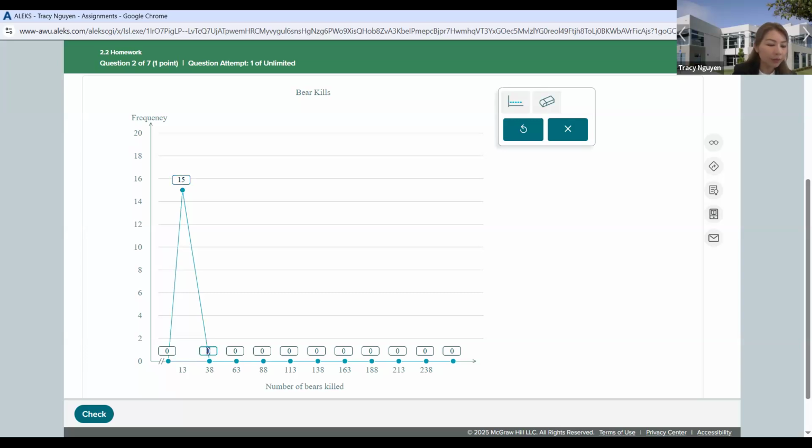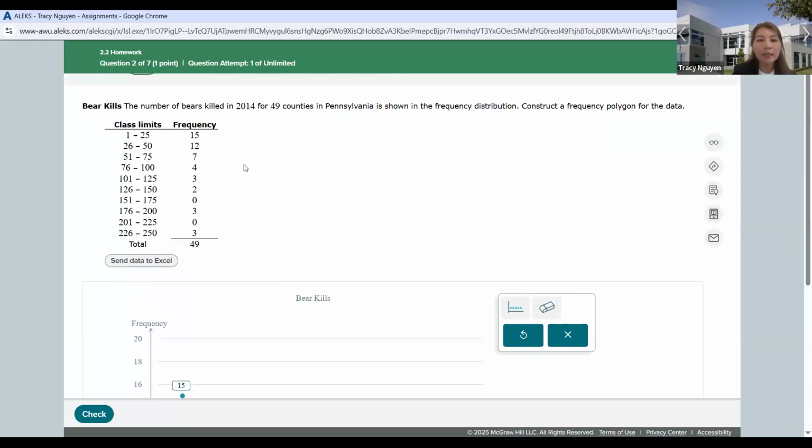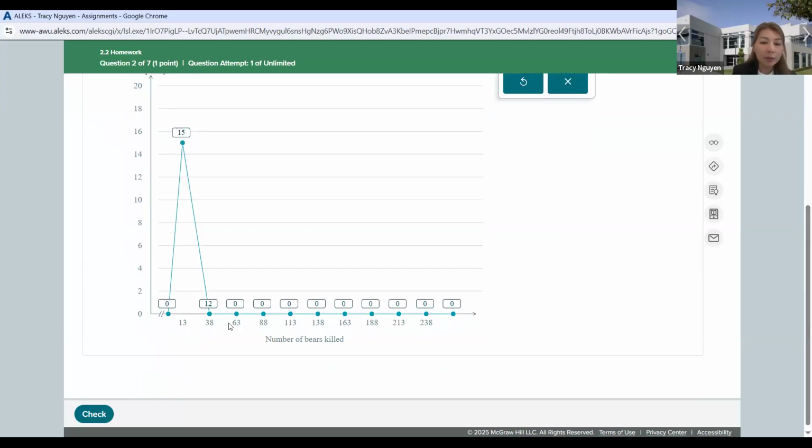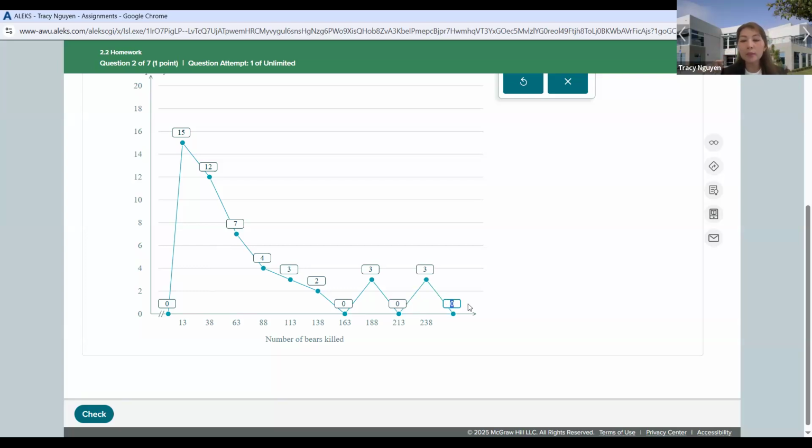Then the next one over, you're going to key in 12. Why are we keying 12? Because after 15, we have 12, 7, 4, 3, 2, and so on. So you have 12, 7, 4, 3, 2, 0, 3, 0, 3, and remember, the last one on a frequency polygon has to be 0.